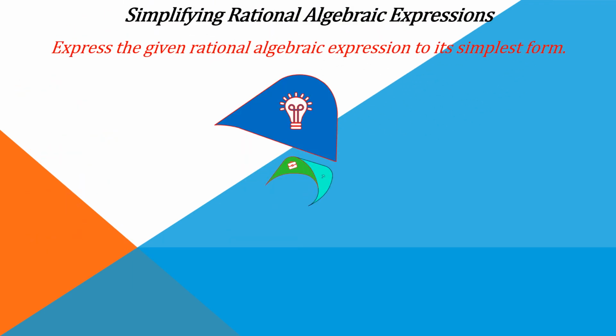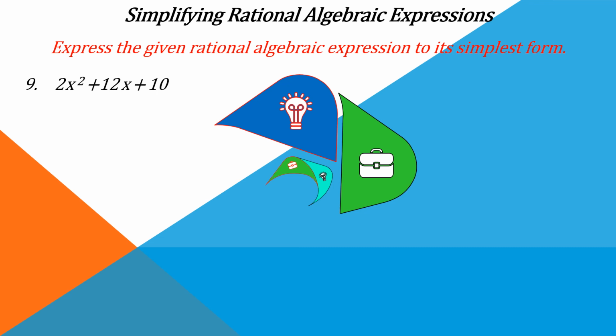Example number 9. 2x squared plus 12x plus 10 divided by 2x squared minus 8x minus 10. Now, let us analyze this problem. We have both 2x squared for the first term of our trinomials, in both numerator and denominator.